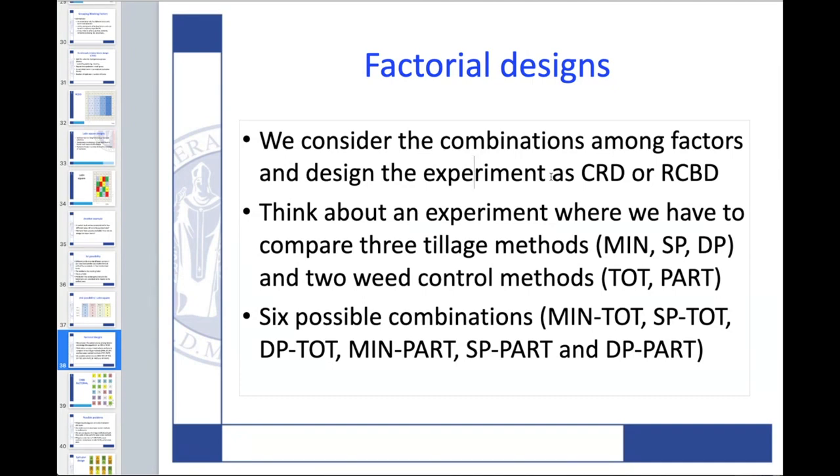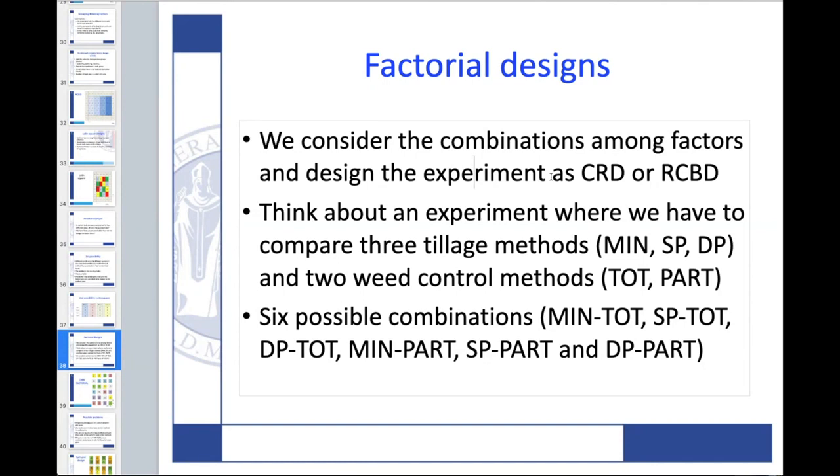And in this case, we have 2 abbreviations, TOT and PART. TOT stands for total weed control, broadcast all over the soil surface. PART stands for partial control. We control weeds only along the crop rows.